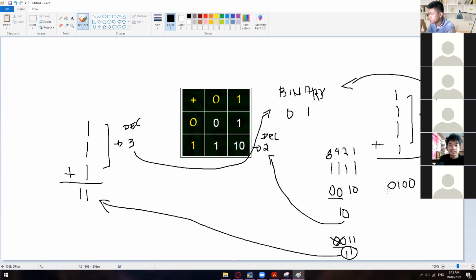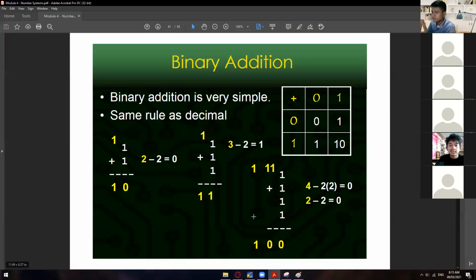Again, you can simply remove the leading 0. It will not affect your answer. So just write 100. That's how we got 100 when adding four ones. All right, are we clear so far on how we got 10, 11, and then 100?